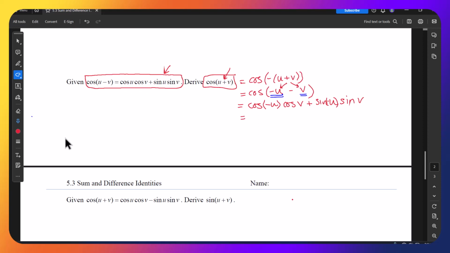With a little bit of manipulation, we can rewrite cosine of negative u as cosine u, cosine v, and then sine is odd. Take out the negative: minus sine u sine v. With this step, you would have completed the proof, and you have cosine of u plus v as cosine u cosine v minus sine u sine v.